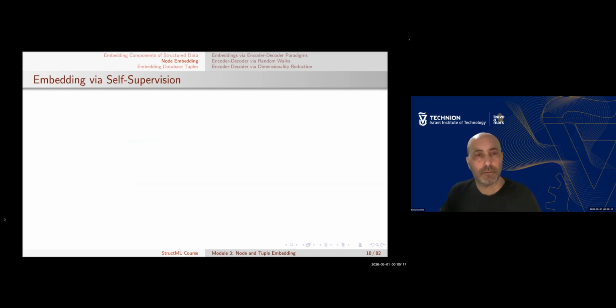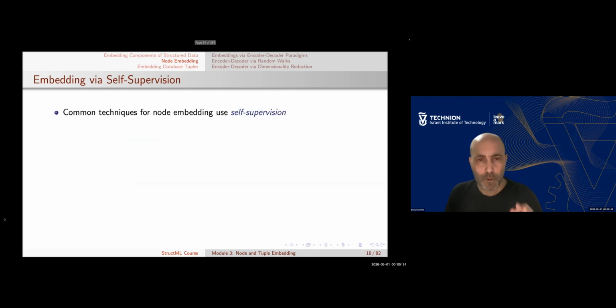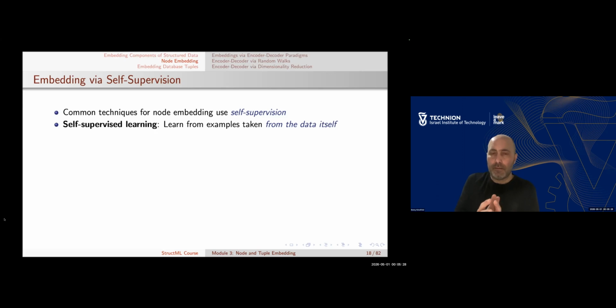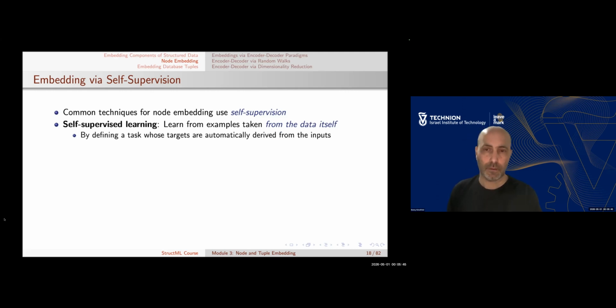The principal technique for embedding is self-supervision. What is the idea of self-supervision? You basically produce labeled examples from the data itself. You don't use any external process or human in the loop. The data itself is used for automatically producing labeled data.